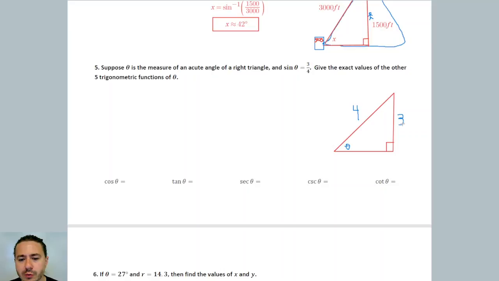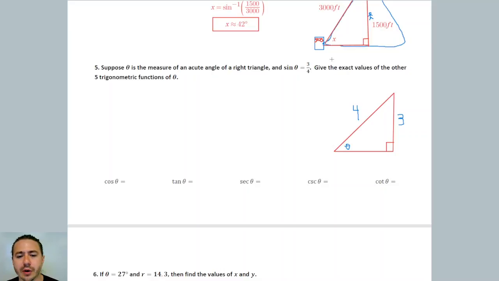Or if it was 9 over 12, it still reduces to 3 over 4. So this doesn't say with certainty that the triangle has these side lengths, but that will not affect the ratios. They'll all still reduce to be the same. So it is safe to label it like this. It's probably something you're not even thinking about, but I wanted to throw that out there for those of you wondering how we know that these are 3 and 4. We don't really know, but we know that the ratio will reduce to 3 to 4.